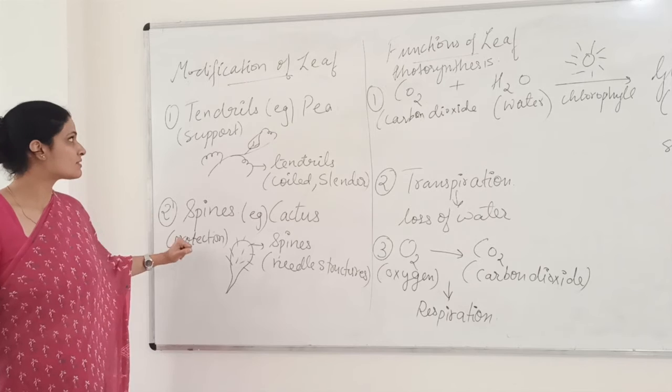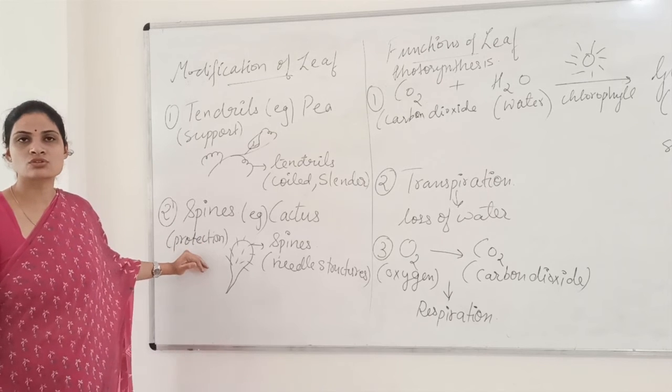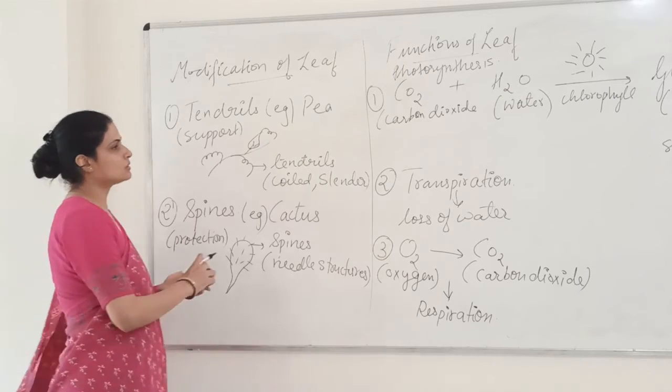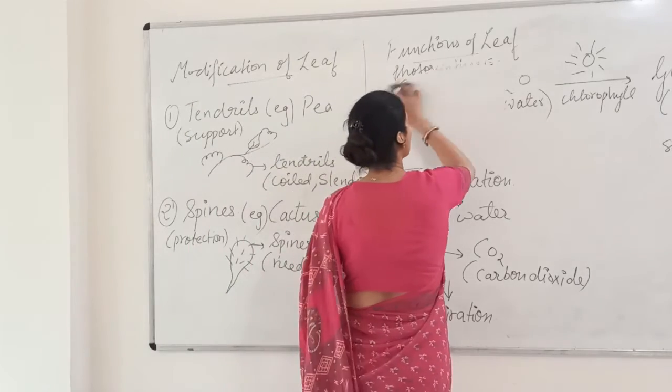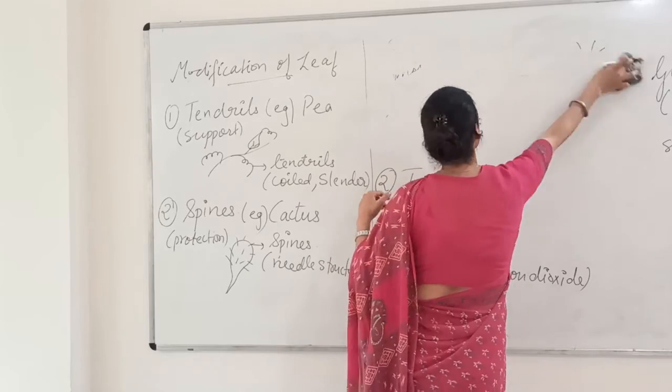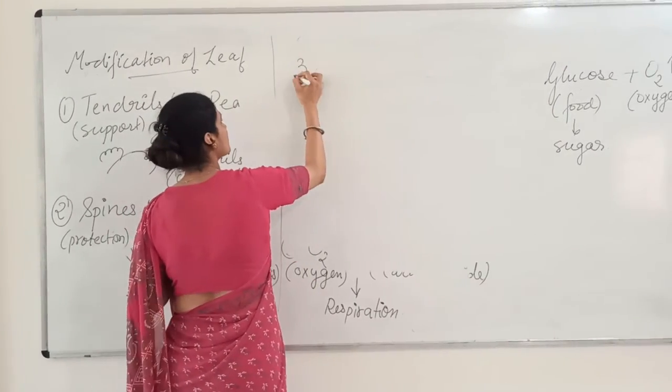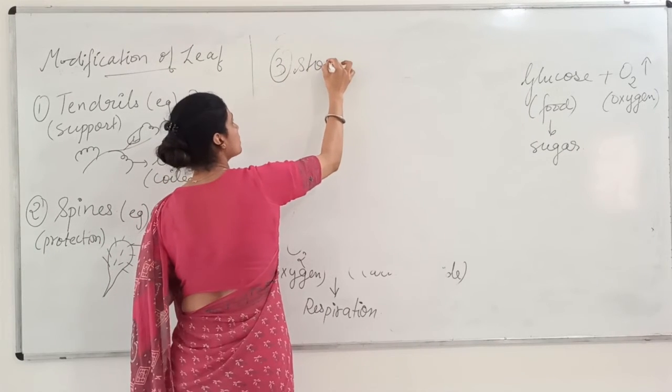So this is also a very important modification, that is protection. Okay, now coming to the third modification of leaf, which is storage of food.